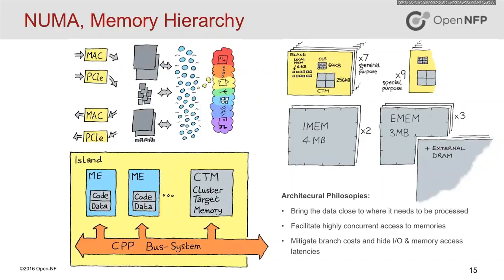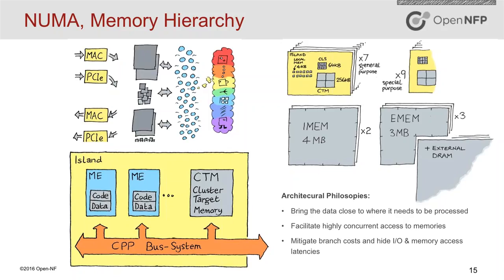Essentially, packets come into the system through either a MAC or a PCI Express interface, and then those packets go to a sea of workers or microengines that have associated memories which are close and fast to them, which allow packet header and metadata to be held very close to the processing points within the microengines. But we have larger memories which may be further away that can store the packet data and payload, which can be accessed if need be.